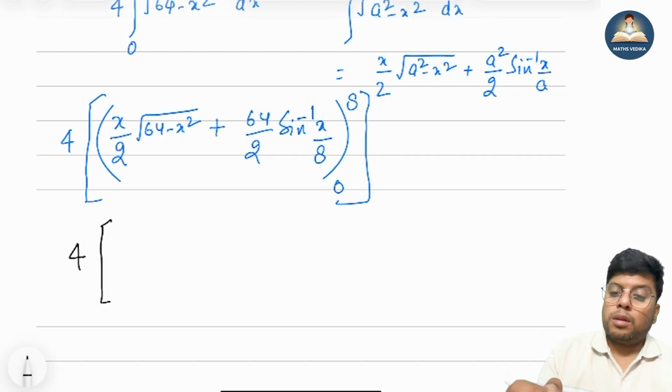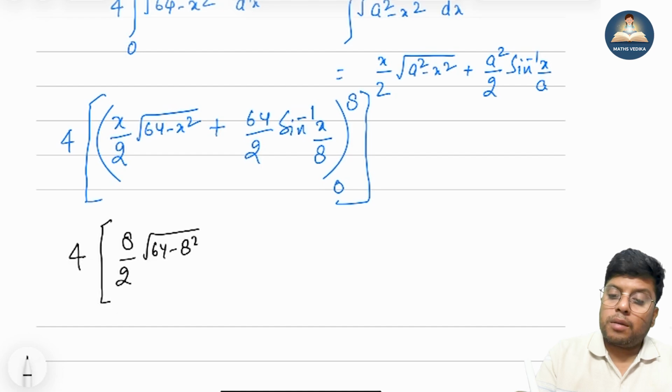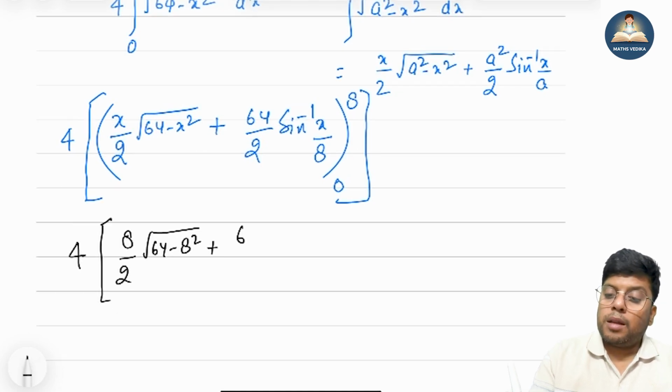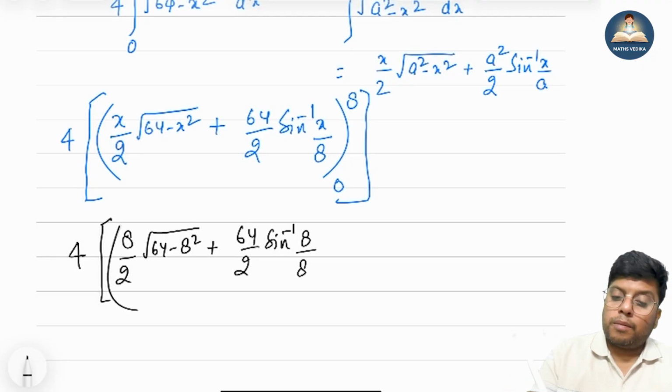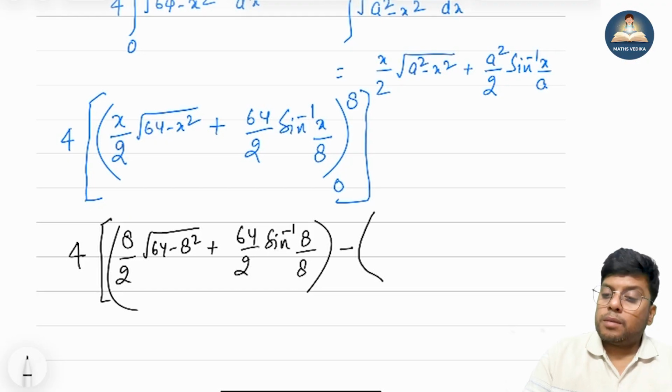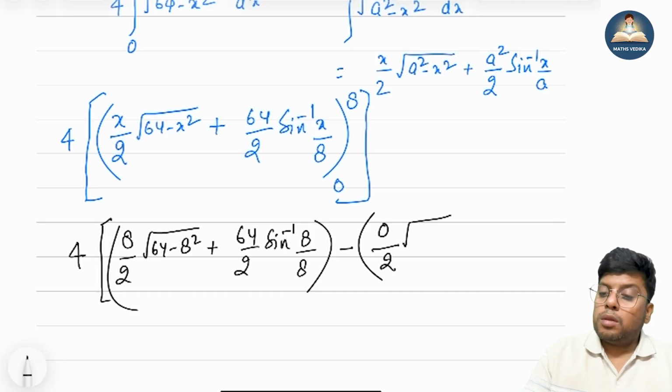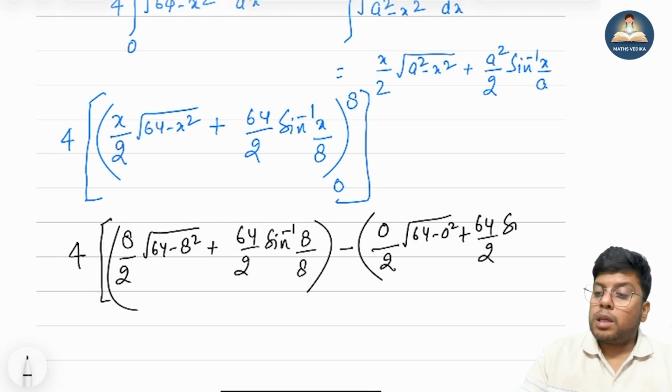So let's put the values. 4 into 8 by 2 root under 64 minus 8 square, plus 64 by 2 sine inverse 8 by 8, minus 0 by 2 root under 64 minus 0 square plus 64 by 2 sine inverse 0 by 8.